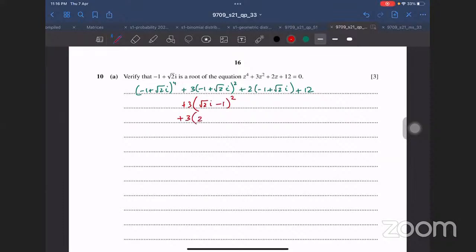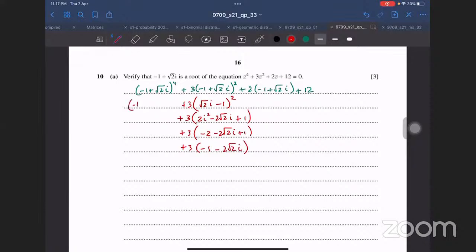When I take a squared to a squared plus 2ab plus b squared, this gives me minus 2 root 2i plus 1 minus 1 minus root 2 root 2i. So I know that the square of this is minus 1 minus root 2i.